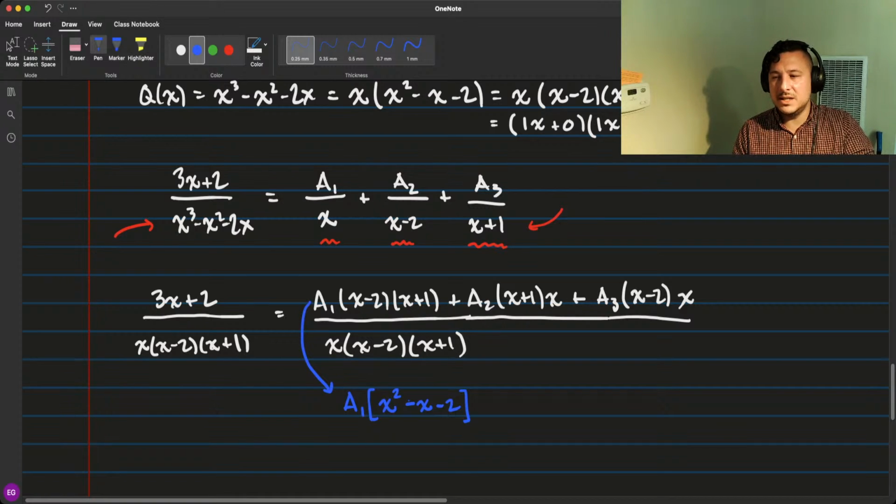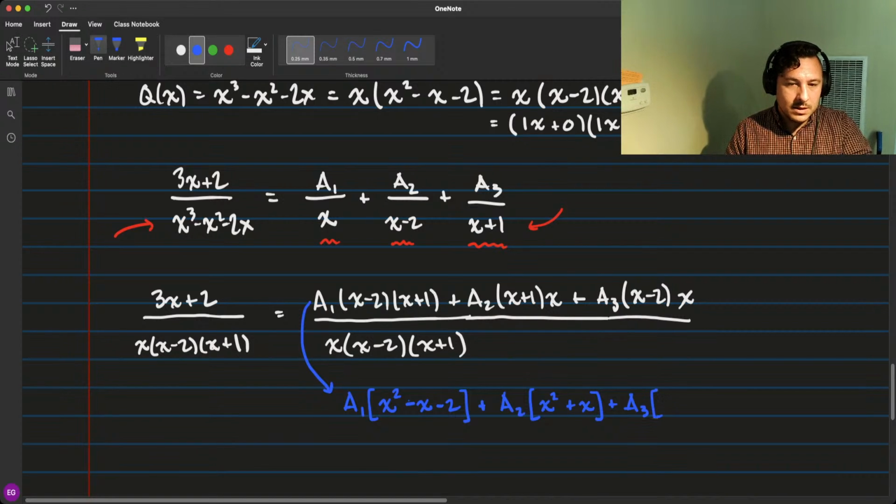Yeah, because you're going to get minus 2x plus x, right? Yeah, cool. Okay, now you're going to do the same thing for the a2 term. If you multiply those together, you're going to get x squared plus x. And if you do that for the a3 term, you're going to get x squared minus 2x.